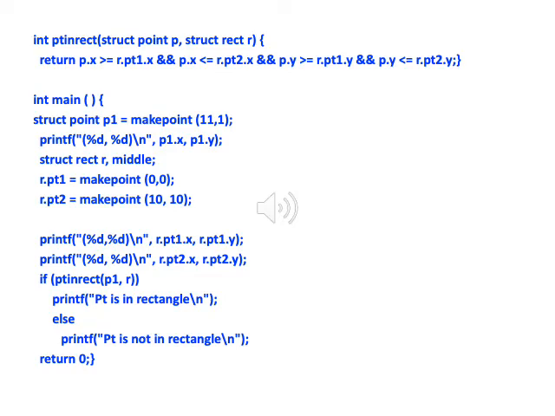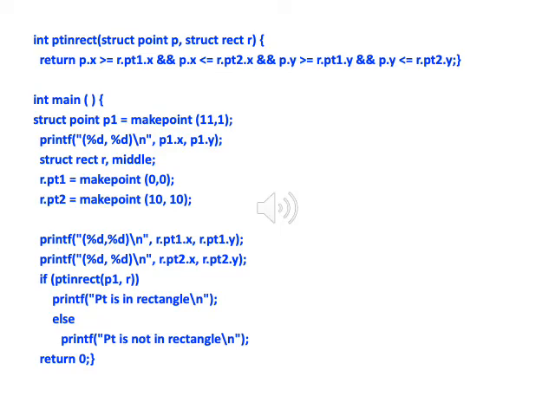Now the next function that we have is to determine whether a point is within the bounds of a rectangle or not. So note that we can specify a rectangle by the two diagonally opposite points. The return type for this point and rectangle function is int, because it is going to evaluate to 0 and 1 value, so both can be used in ints.